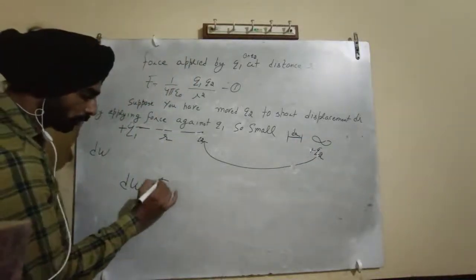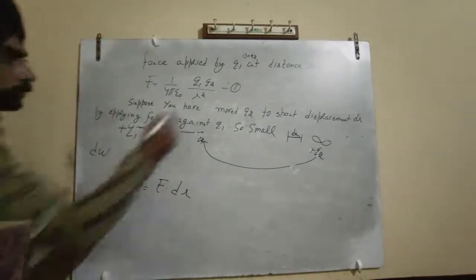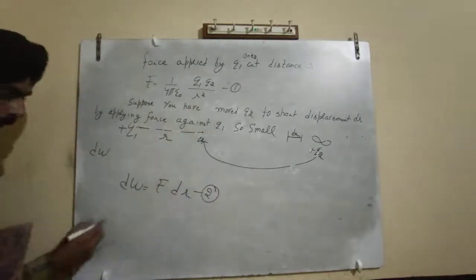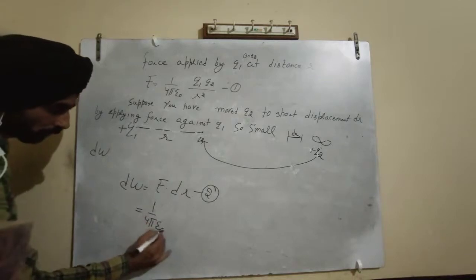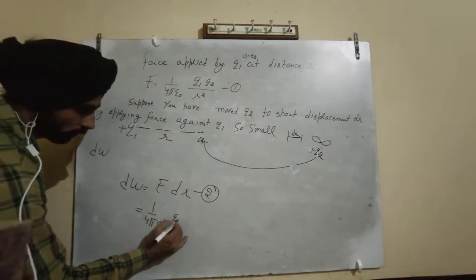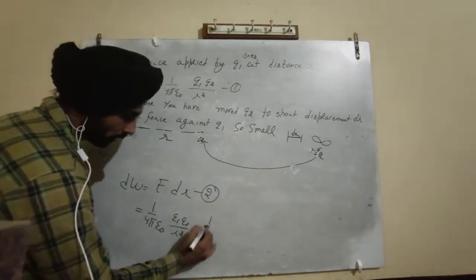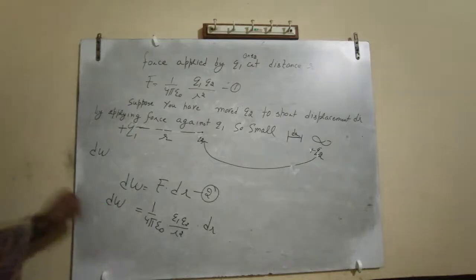Force dot product of displacement, like this. And you know the value of force. What is the amount of force acting on Q2? Put its value: 1 upon 4 pi epsilon naught Q1 Q2 upon R square dot dr. This is the small work done.